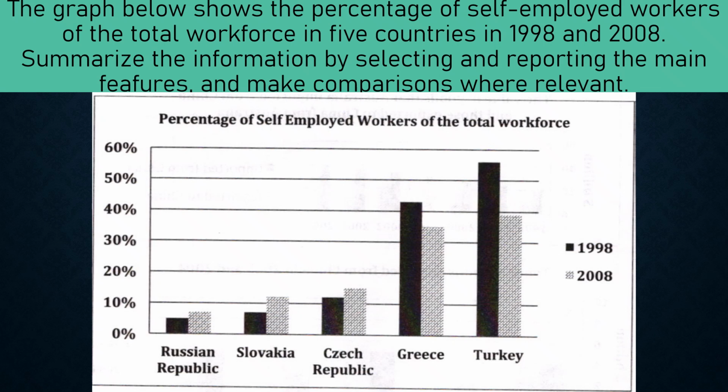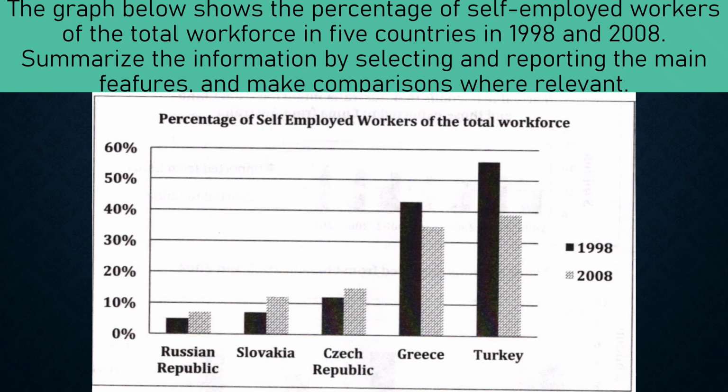So I would write like this: the percentage of self-employed people from the Russian Republic, Slovakia, and Czech Republic was 5%, 7%, and 11% respectively in 1998. However, in just a decade, the percentage rose in all three countries and reached 7%, 12%, and 14% respectively by 2008.